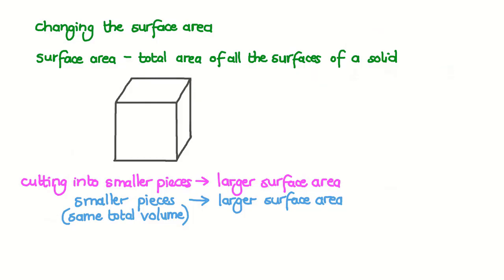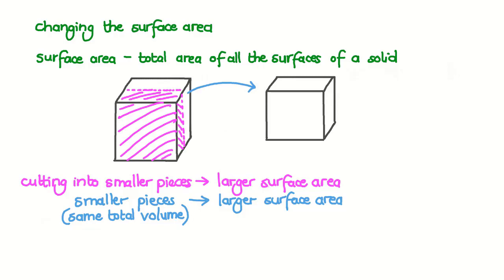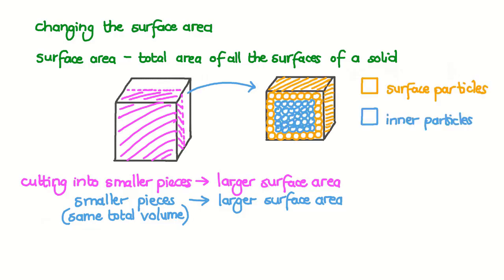Taking our same piece of metal again, if we were to cut it in half and open it up, if we ignored the front half and had a closer look at the back half, we'd be able to distinguish between surface particles in orange and inner particles in blue. The surface particles are all exposed and are available to quickly and easily react with other particles that come into contact with them.